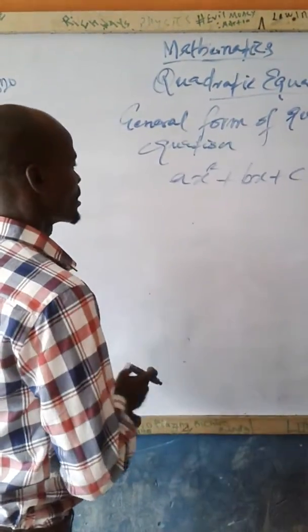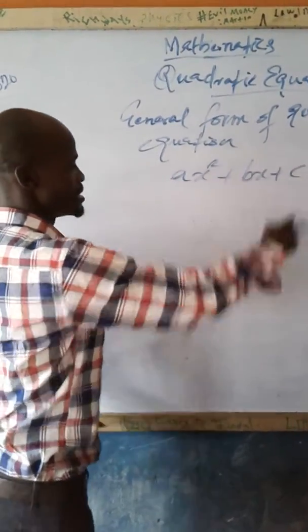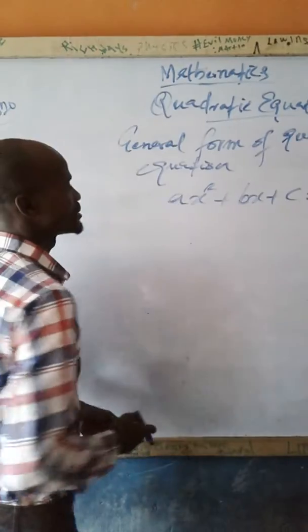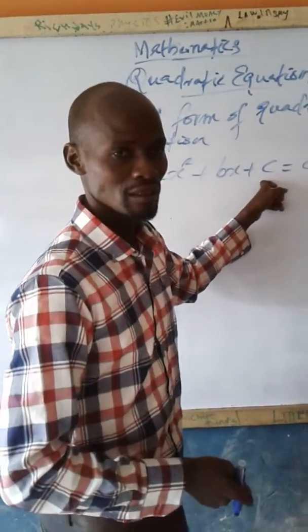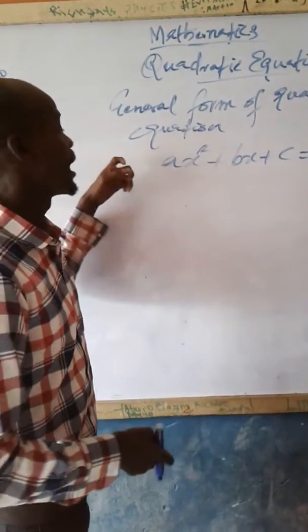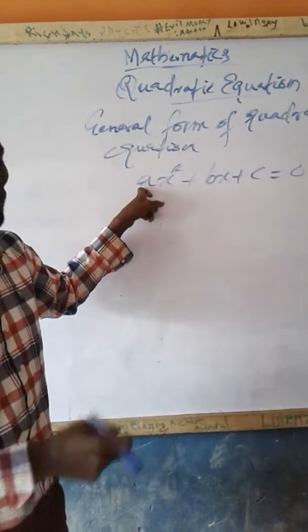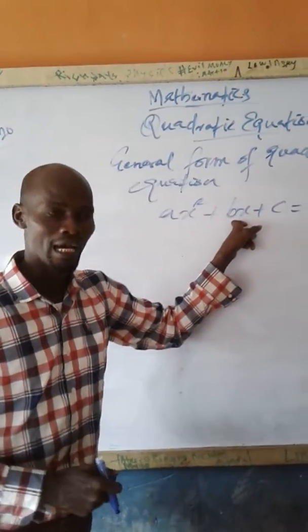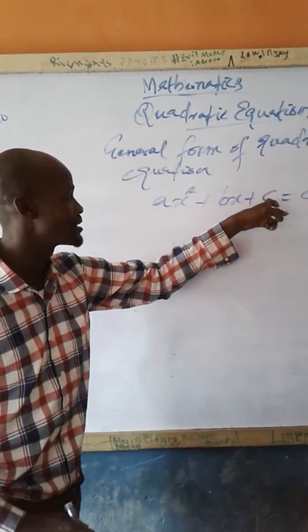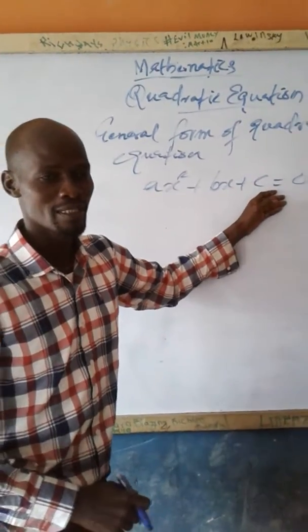Now we have a, b, c as a variable and a constant, where a is the coefficient of x squared, b is the coefficient of x, and c is our constant.